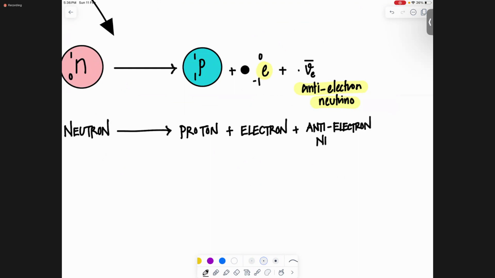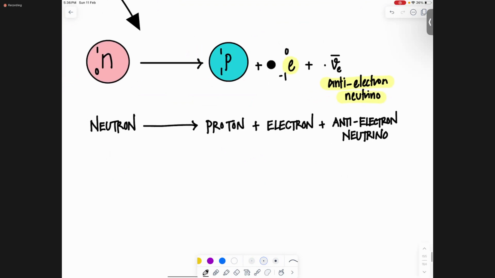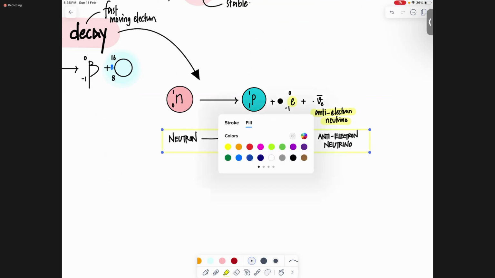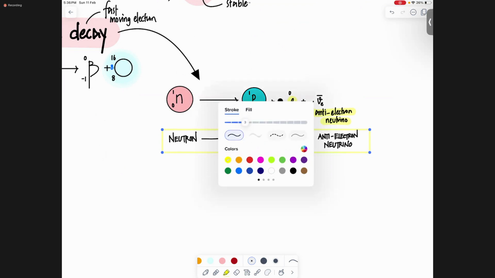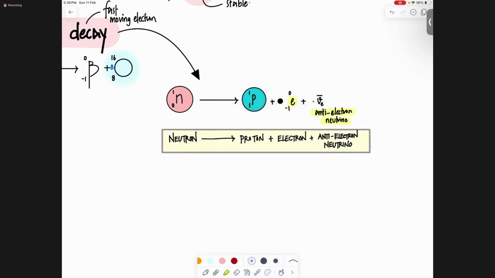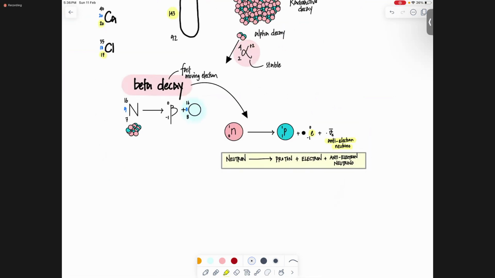We'll need to know the full details of the anti-electron neutrino in the next topic, which I'll cover on Tuesday. For now, just know that it's called an antiparticle, and we will learn about it next class.